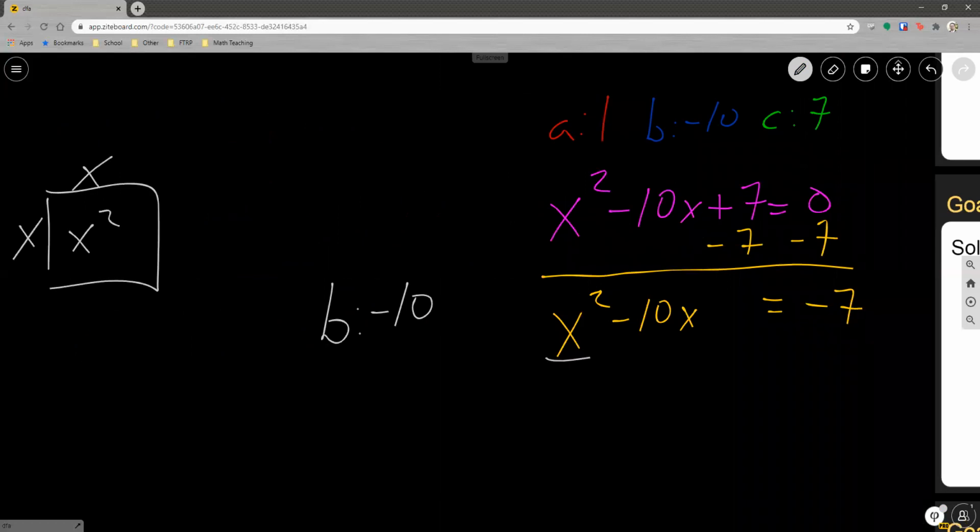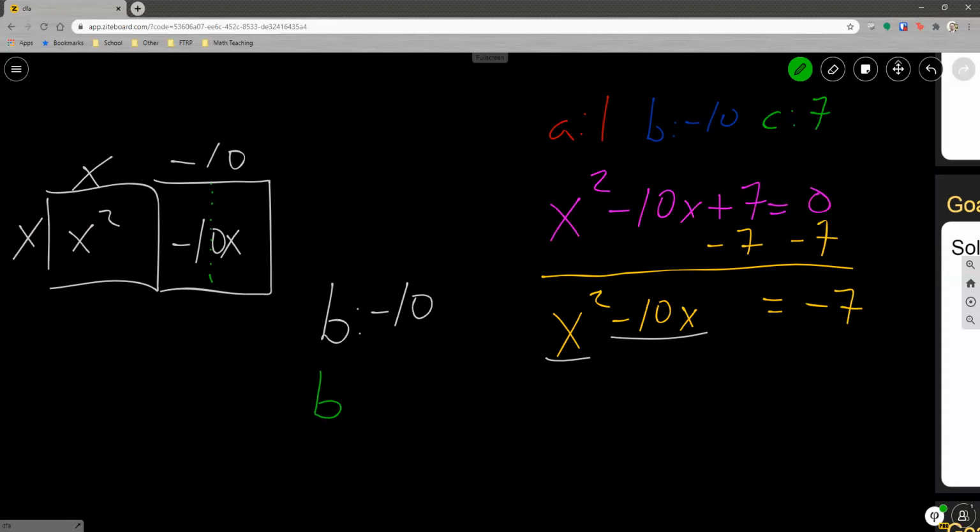That's my first part of my equation. And then I've got a negative 10 times x, which gives me negative 10x. That's my second part of the equation. So my first step is to find my b value, which I did. Second step is to split it in 2, divide it in 2. Well, b divided by 2 is just going to be 5. I'm sorry, negative 5.